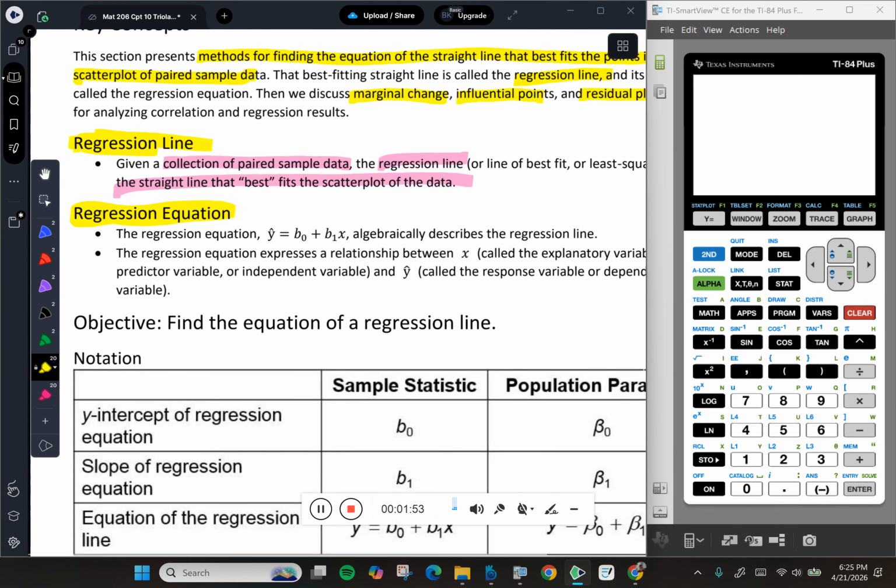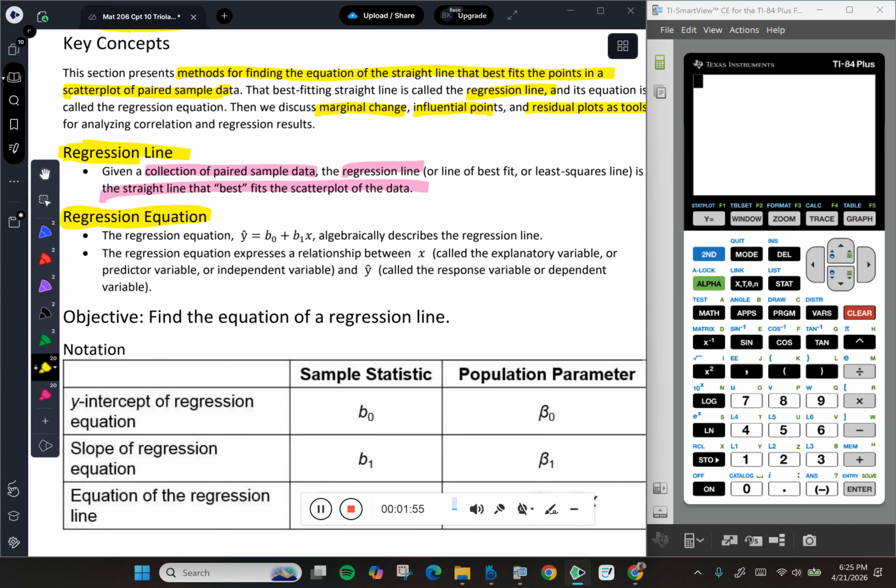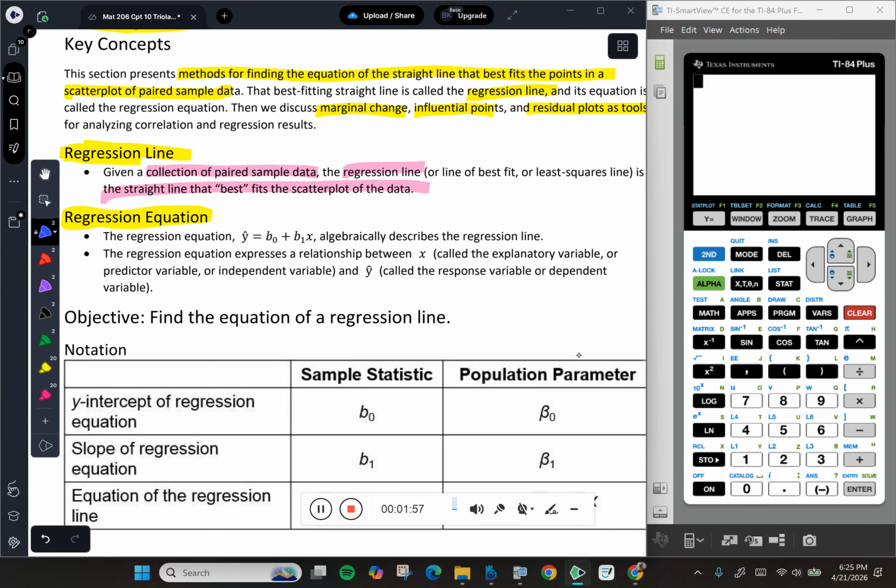Now here's where things get frustrating, because we're finding the equation of a line, and y'all have been through an algebra course at some point where you were taught this: y equals mx plus b.